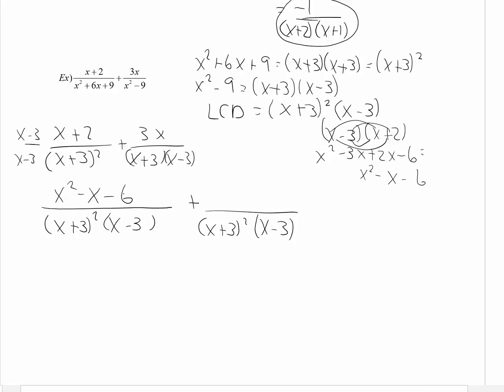Okay, what factor am I missing here that's in my LCD here? I'm missing one factor of x plus 3. So I'm going to distribute. Okay, now I can rewrite it as one fraction.